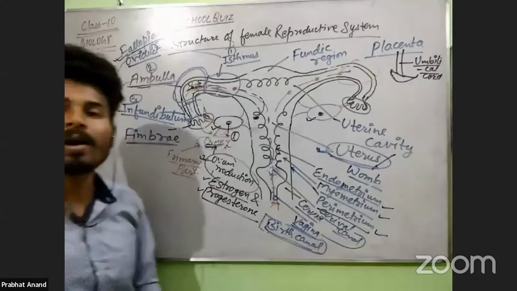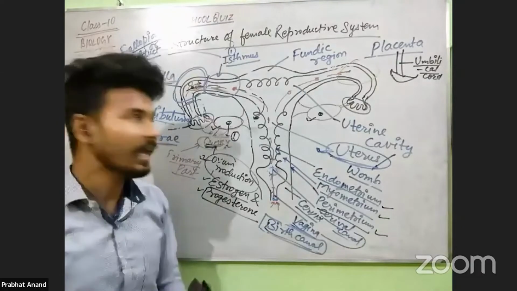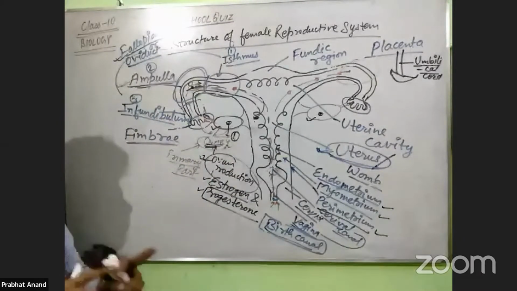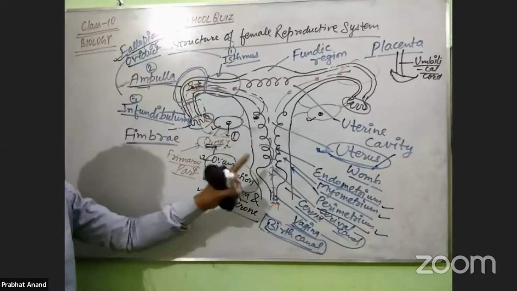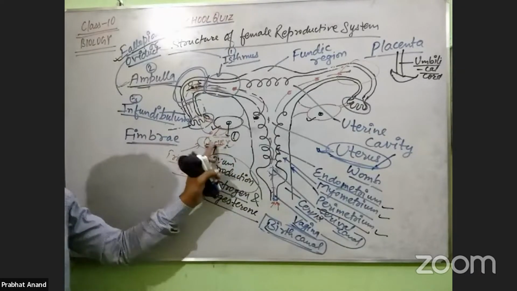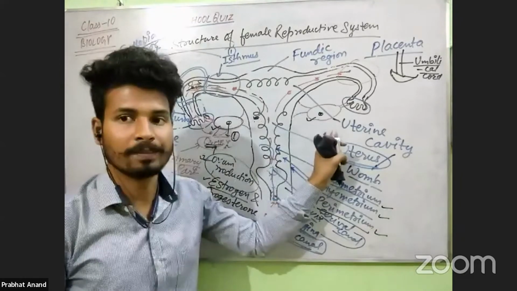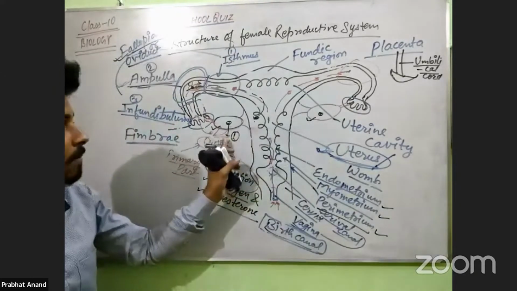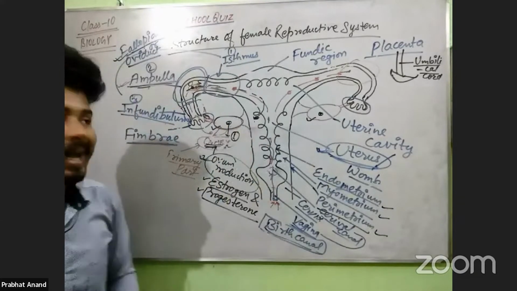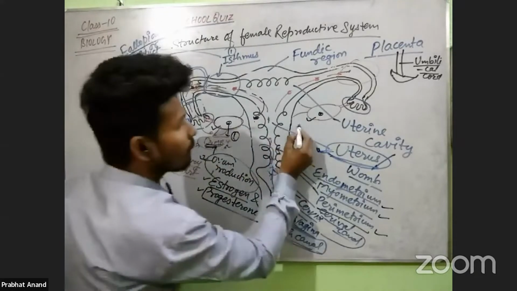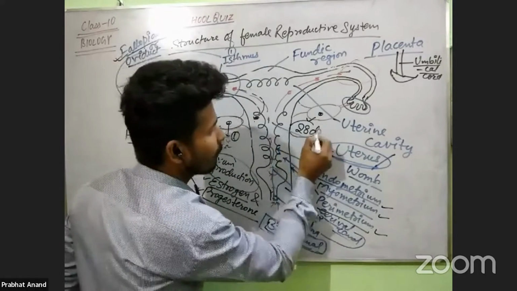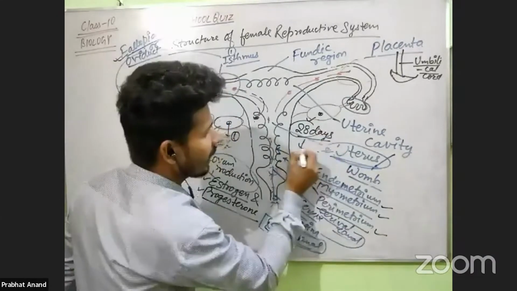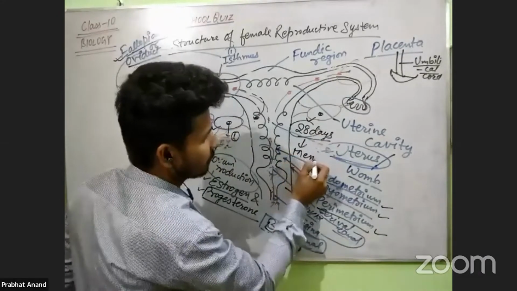Yes. Only one ovum is produced at a time, either from the left side of the ovary or from the right side. Okay, so one ovum is produced in a time period of 28 days, and that 28 days we call the menstrual cycle.